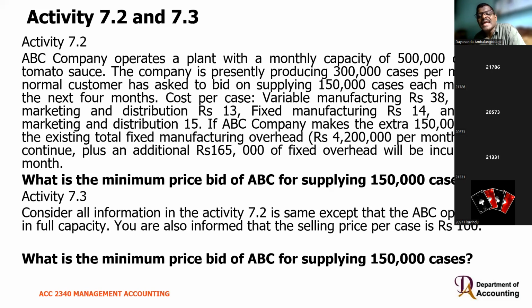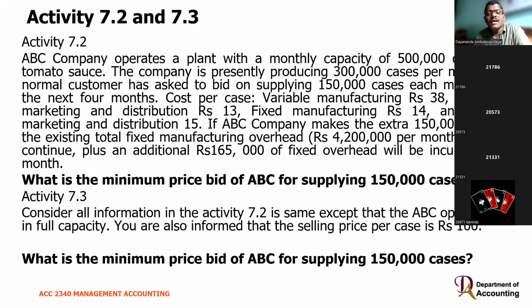So you will realize the existing fixed manufacturing cost is not incremental, because it's there, 4.2 million, whether or not you undertake this extra order. That cost will continue, but 165,000 will be incurred only if you accept the special order.